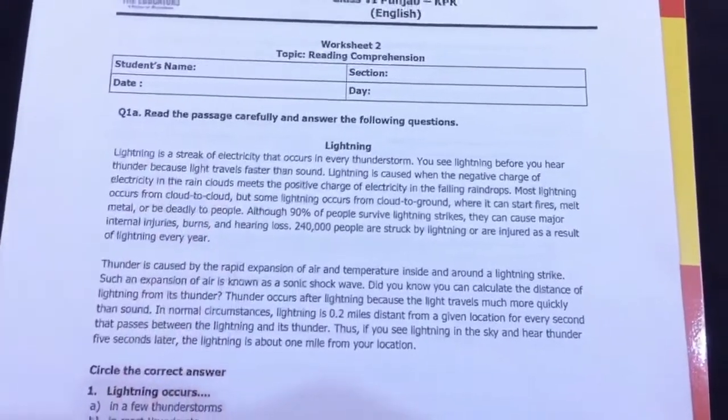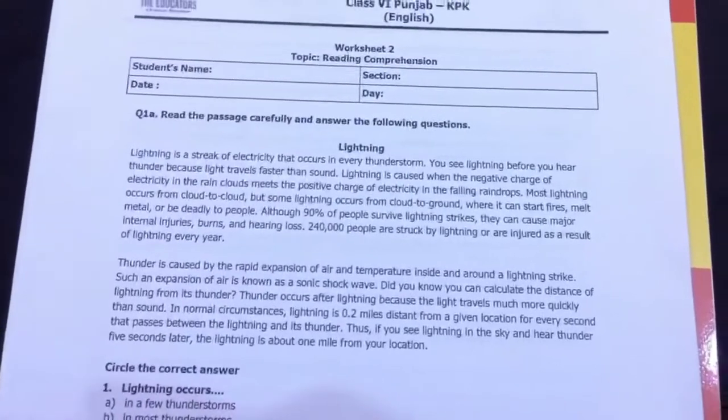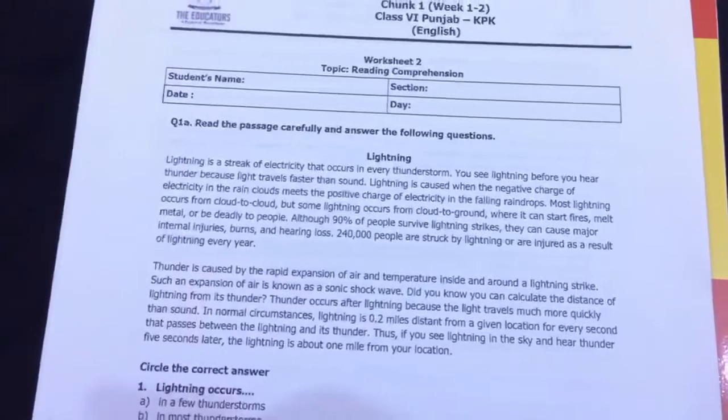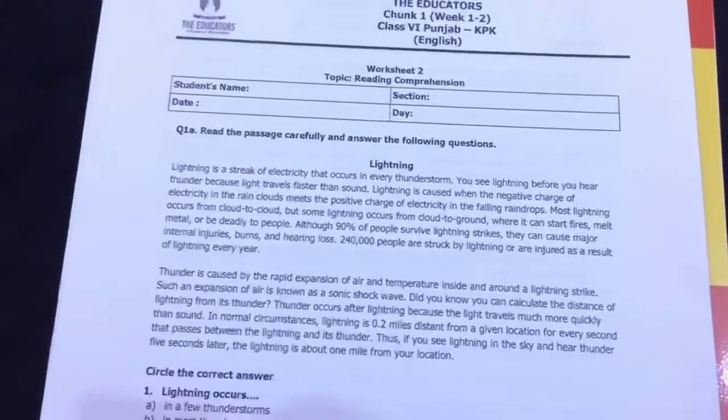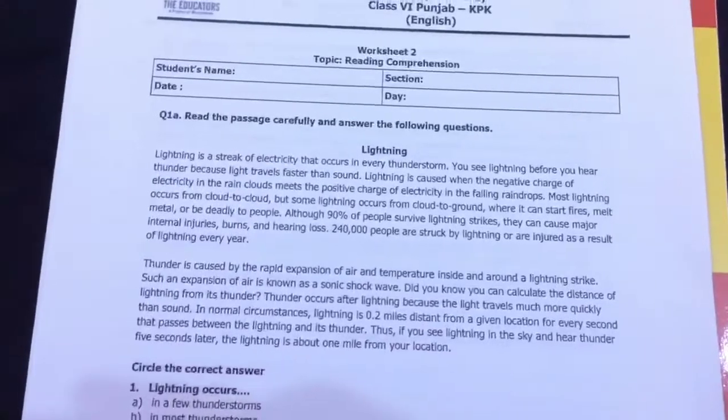Now, sometimes there is lightning from cloud to cloud, where there is lightning only in the cloud. When the negative and positive charges collide with each other, they form lightning.